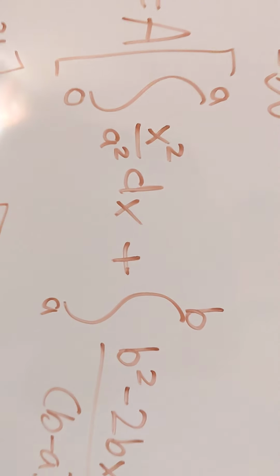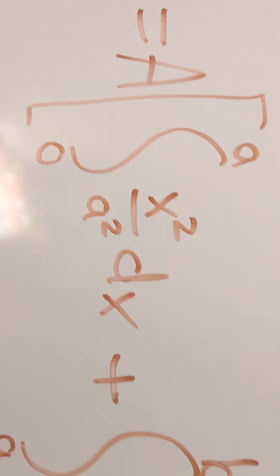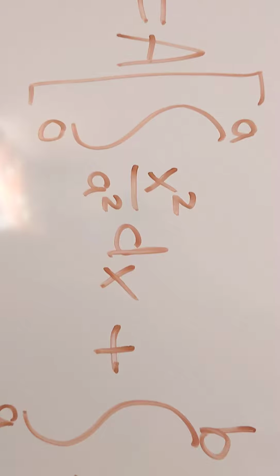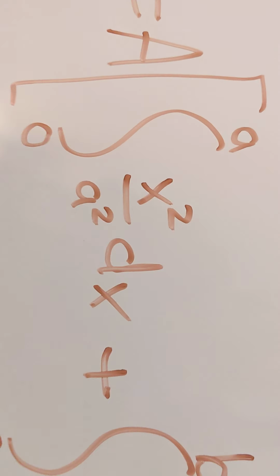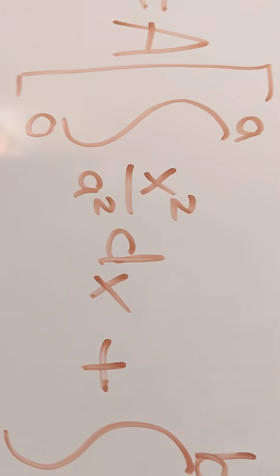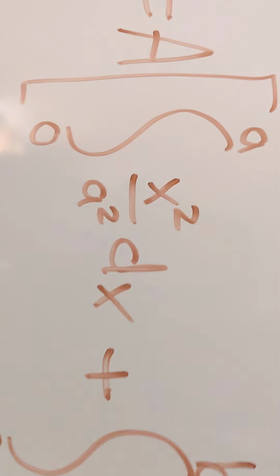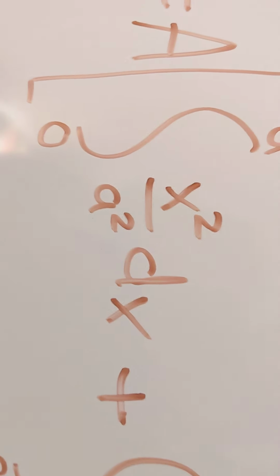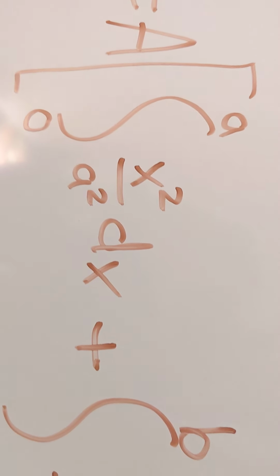So we have to split the integral up because there are two parts to the wave function. There's the part of the wave function that is between 0 and a, and that is x divided by a. And then we take the probability density function, which is simply the wave function times its complex conjugate. Because there are no imaginary numbers here, it's just the wave function itself squared. So that's why I got x squared divided by a squared between 0 and a.